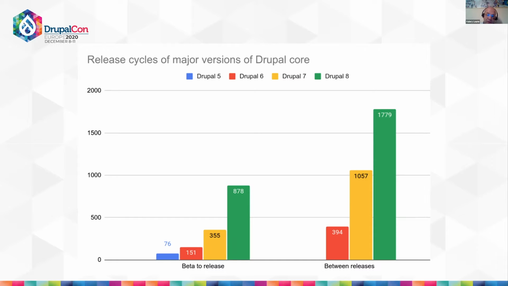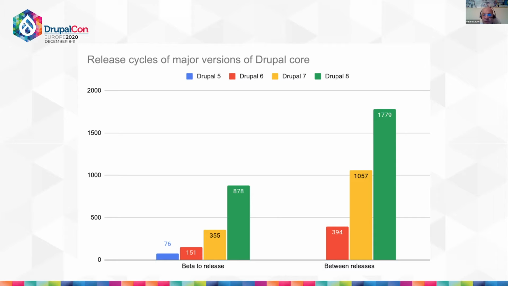One, the left slide is the number of days that each major Drupal core version was developed for, starting from the first beta or alpha, if we talk about Drupal 7 and beyond, and until the release date.